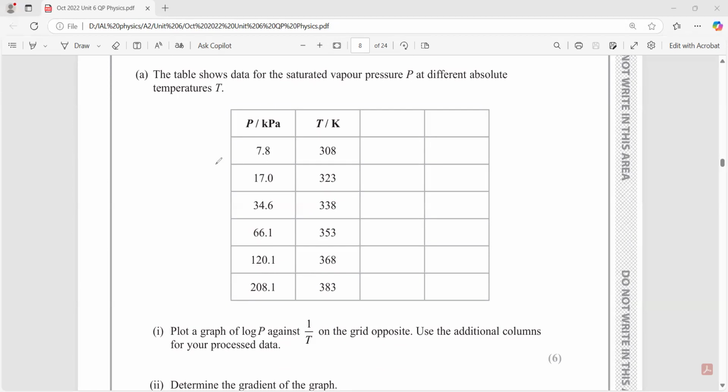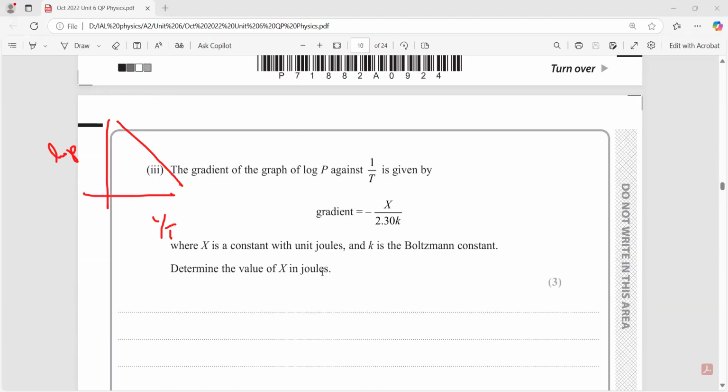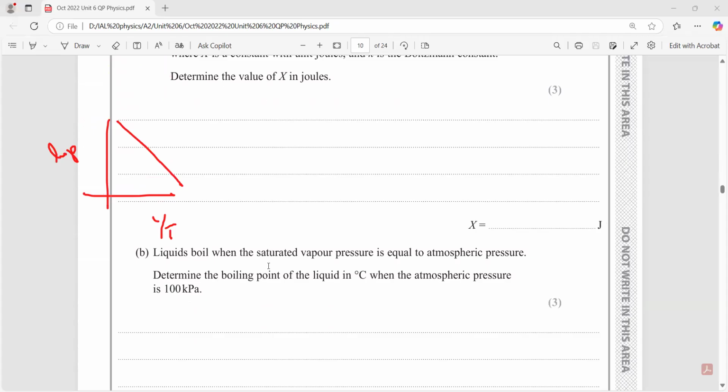So from your graph, because the graph is between log P and 1 over T, when the pressure is 100,000, what will be the value for log P? I will put in, because all the units are kilopascal, the value of log 100. Log 100 is 2. So I will have the value of log P.